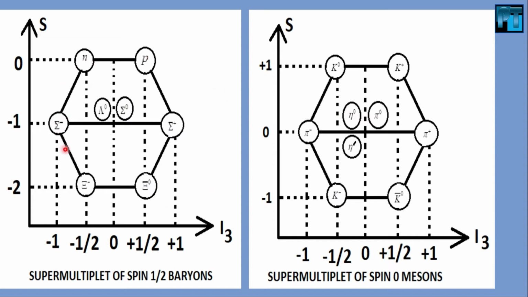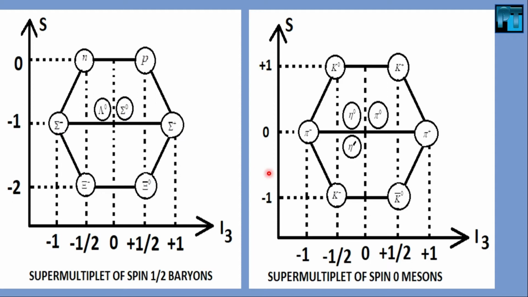This one is called the baryon octet and this one is called the meson nonet. There are some more pictures I shall show you, but these two are very important. Why? Because from these 2 pictures you can get a clear idea about the different quantum numbers of baryons as well as mesons.